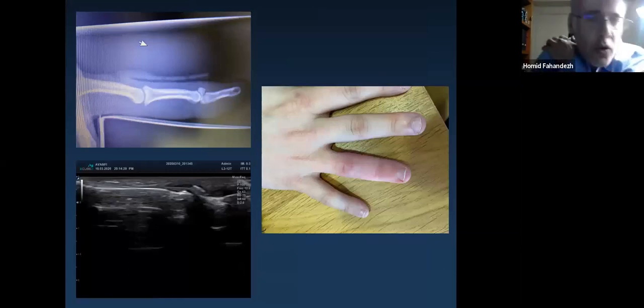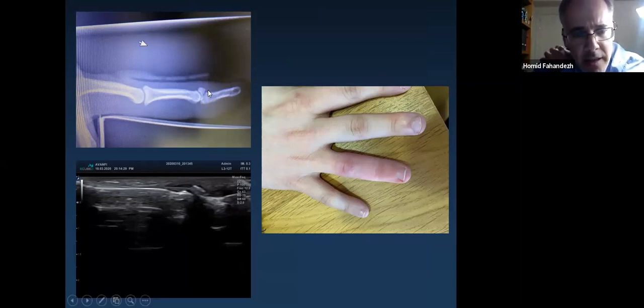Ultrasound also helps you when you can see healing in the X-ray. In the ultrasound you can check in flexion and extension if this fibrosis that you can see between the small fragment and the bone allows the patient to move without any problem of detachment of the tendon.